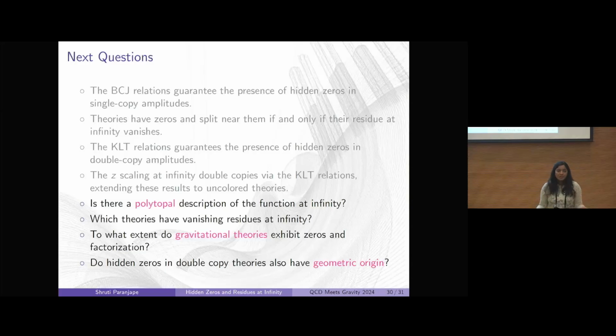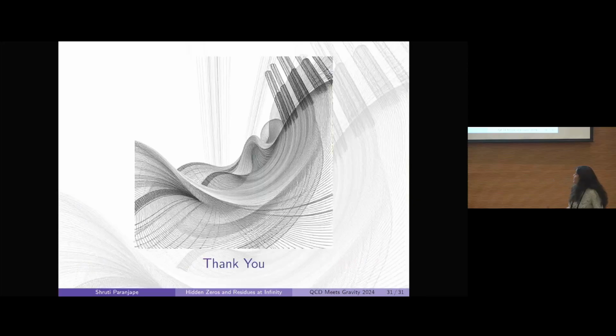A first principles understanding of why these residues vanish is also, I think, an interesting question. And then these, of course, are related to the last thing that Yara talked about, which is whether there is some geometric origin for these uncolored theories having hidden zeros or splitting relations. So with that, let me thank you for your attention.